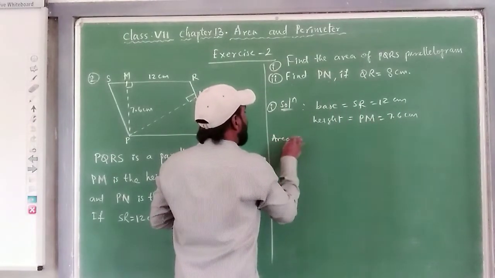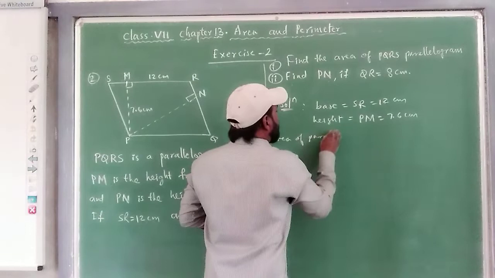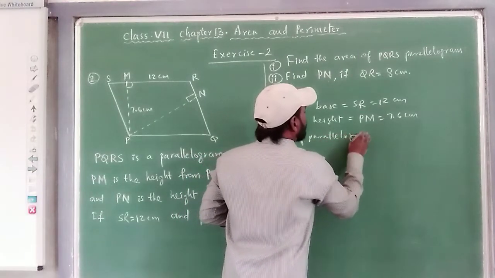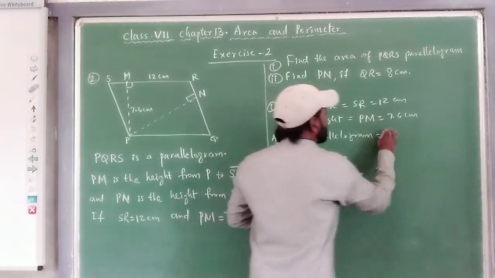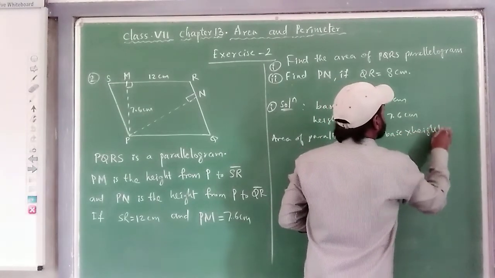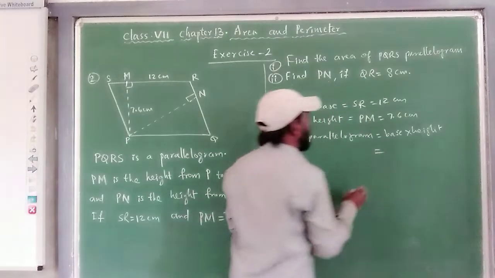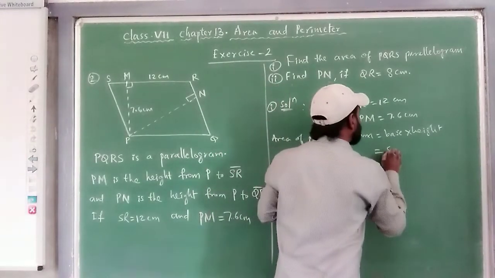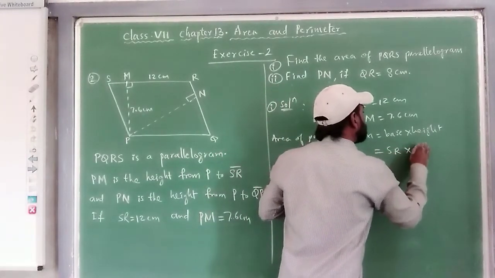Now area of parallelogram: for any parallelogram, the area is base into its height. So here the parallelogram PQRS, base is SR and height is PM.